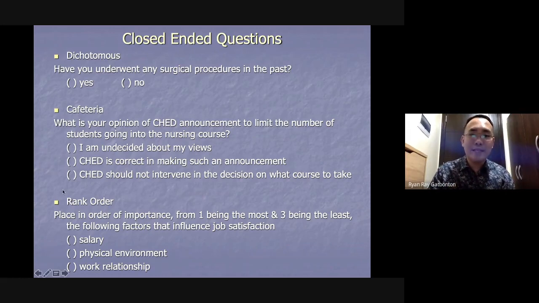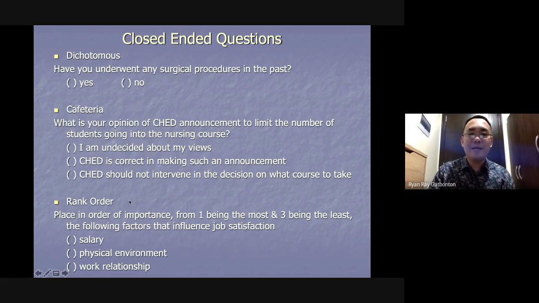That is a cafeteria close-ended question. Like this one. What is your opinion of the CHED announcement to limit the number of students going to a nursing course? You're given the choices. Okay? You choose between the choices. That is a cafeteria question kasi inaalok ka lang kung ano yung mga possible na sagot. Well, in fact, may iba pa namang sagot, di ba?